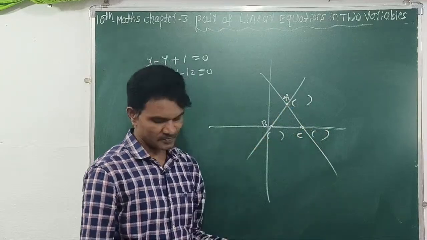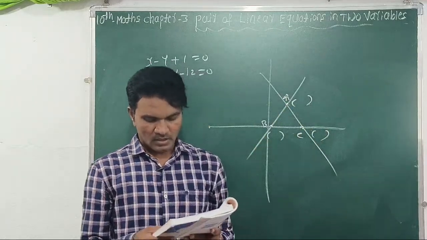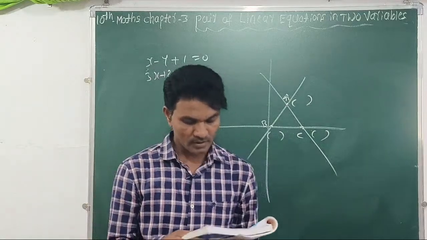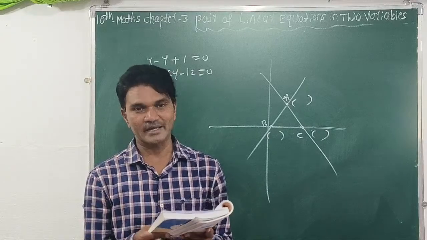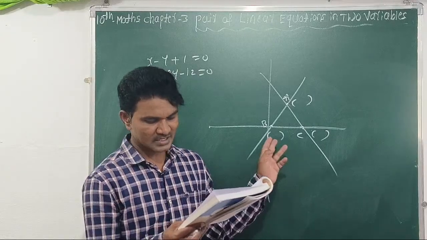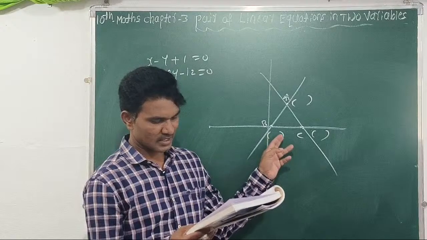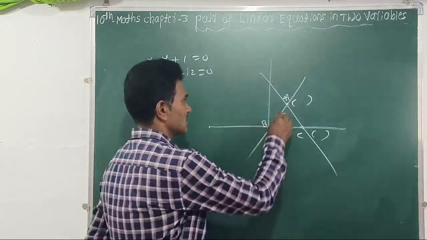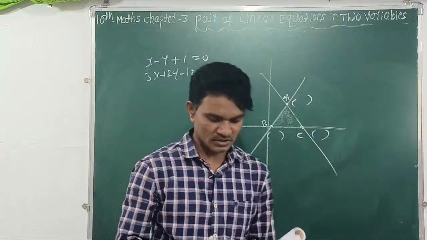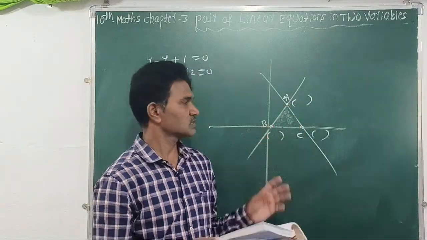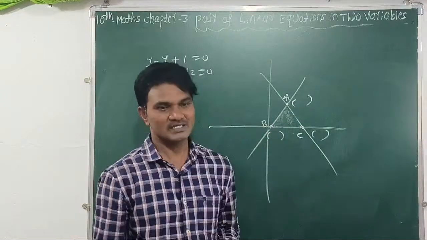They ask to determine the coordinates of the vertices of the triangle formed by these lines and the x-axis and shade the triangular region. Shade this as a region. Very simple question. Do this problem as homework.